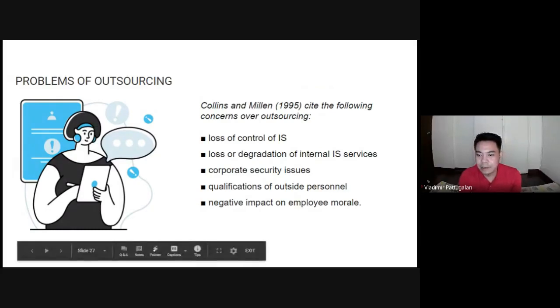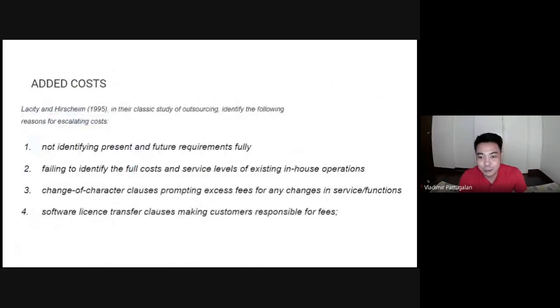But I think one of the biggest problems is still added costs. As mentioned, the primary reason companies outsource is to reduce costs, but it's not always saving them money. So first is when they don't identify the present and future requirements fully.